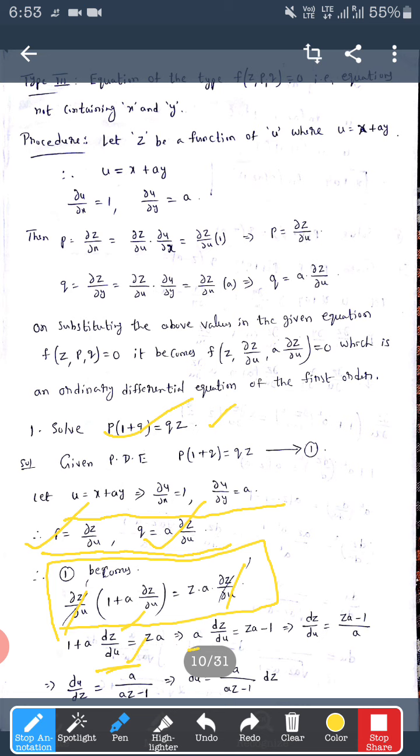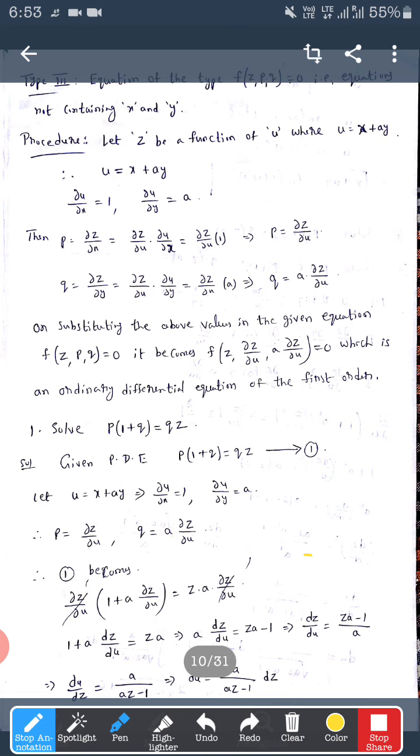So a into dz by du is equal to za minus 1. Therefore, from this I will write dz by du is equal to (az minus 1) by a. After further simplification, this gives du by dz is equal to a by (az minus 1). Therefore, du is equal to a by (az minus 1) dz.